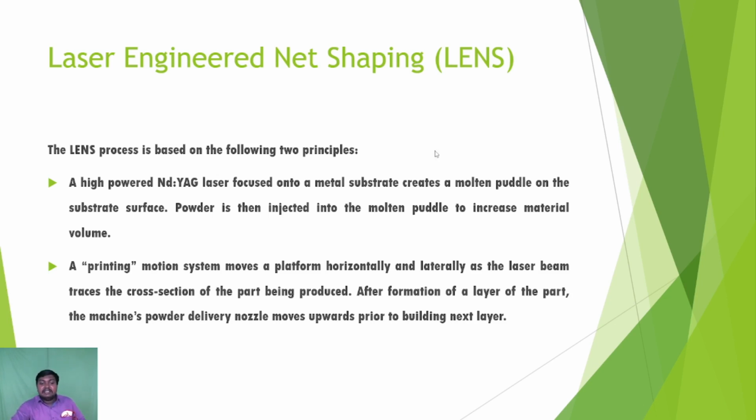Powder is then injected into the molten puddle to increase material volume. The second principle is that a printing motion system moves a platform horizontally and laterally as the laser beam traces the cross section of the part being produced. After formation of a layer of the part, the machine powder delivery nozzle moves upward prior to building the next layer.